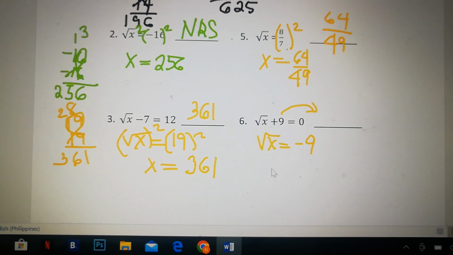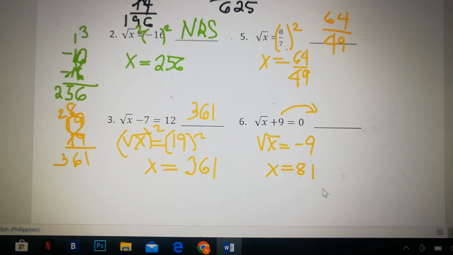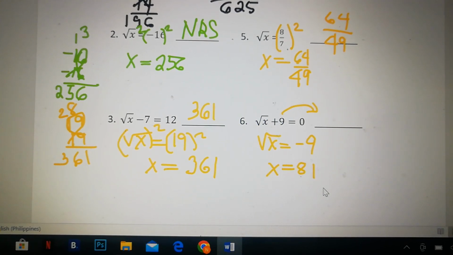So if you square both sides of the equation, x is equal to 81. But as you notice, if you replace x with 81, that is square root of 81 equal to 9. So 9 plus 9 equal to 18, not equal to 0. So therefore, 81 is not the solution. So that is no real solution.